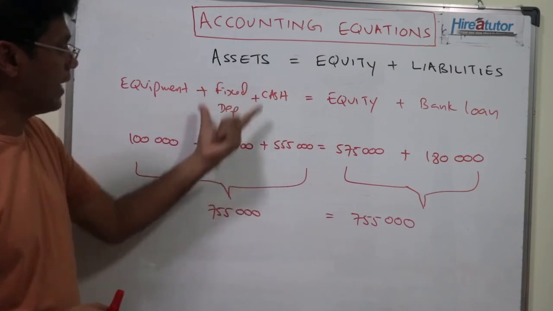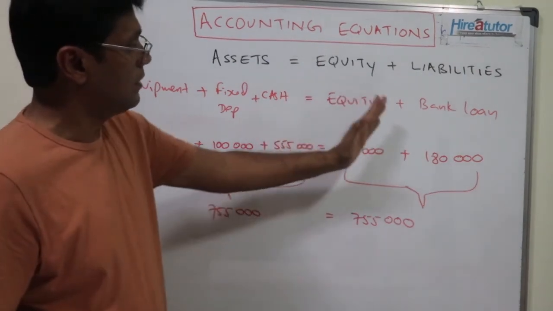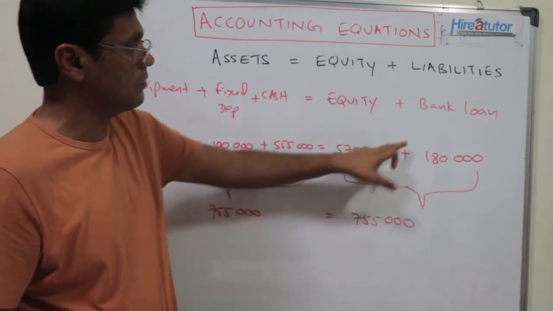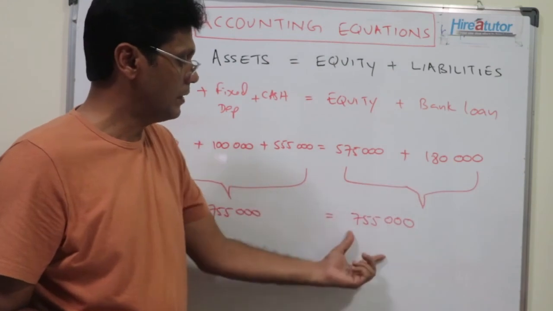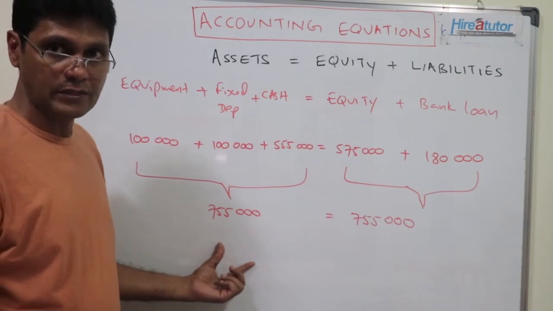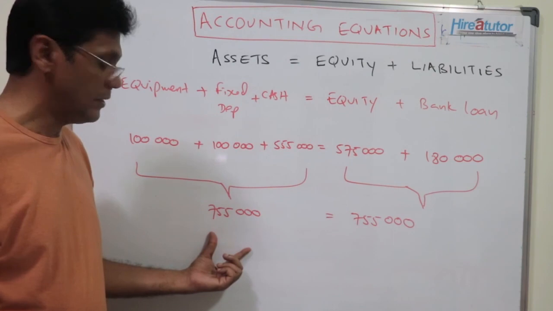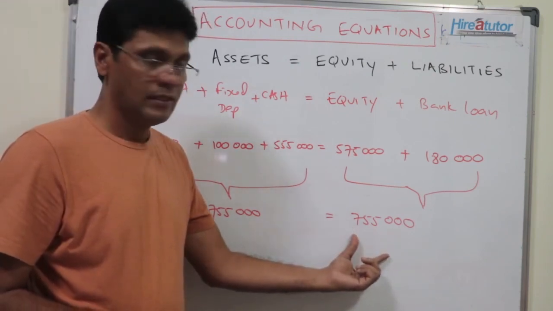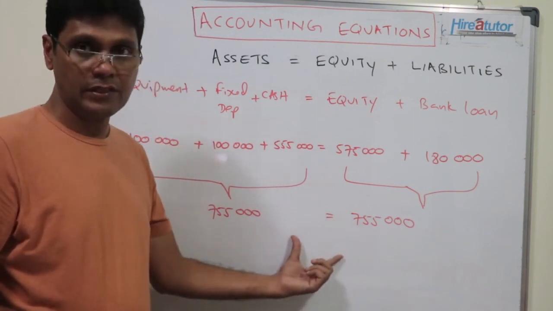So therefore the total asset side will be 755,000. On the other side, the equity side and the liability, equity 575,000, the bank loan 180,000. So when you add up these two, it will be 755,000. So therefore, having recorded all the transactions, your asset side total value will be 755,000. On the equity and liability side, it will be 755,000, which means the equation tallies.